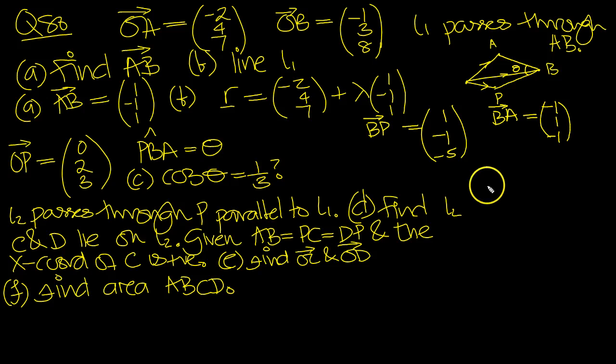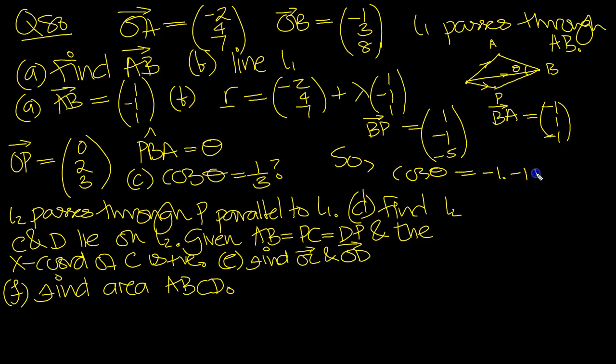Okay, so the dot product then. Cosine theta will equal the dot product over the product of the moduli. I'll try and save some space and do it in here. The dot product would be -1, -1, and that's a minus, isn't it?